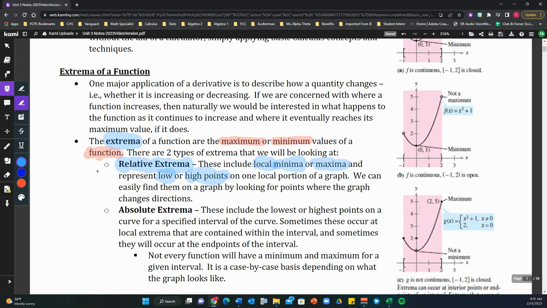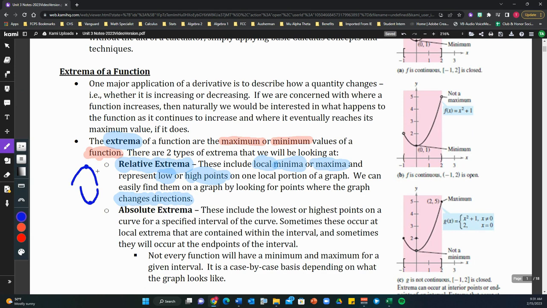We can look for them easily on a graph by figuring out where the graph changes directions. So anytime a graph has a turning point, going from increasing to decreasing or decreasing to increasing, these places where we make that change are those relative extrema.